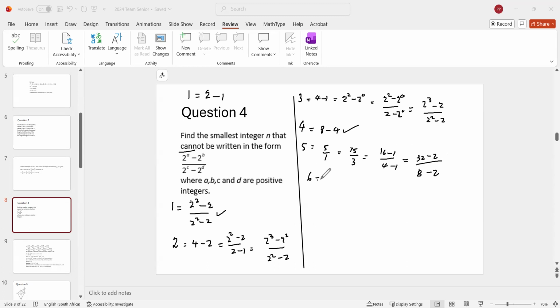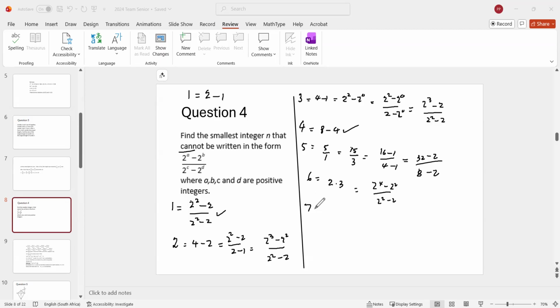Now 6 is equal to 2 times 3, and we already had 3. 3 is that one. So you simply multiply this by 2. If you multiply the top by 2, you have 2 to the 4th minus 2 squared over 2 squared minus 2. So 6 works.